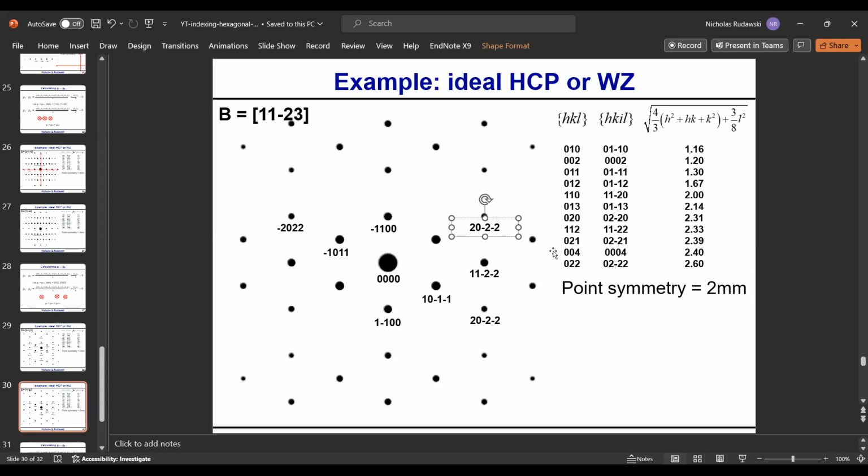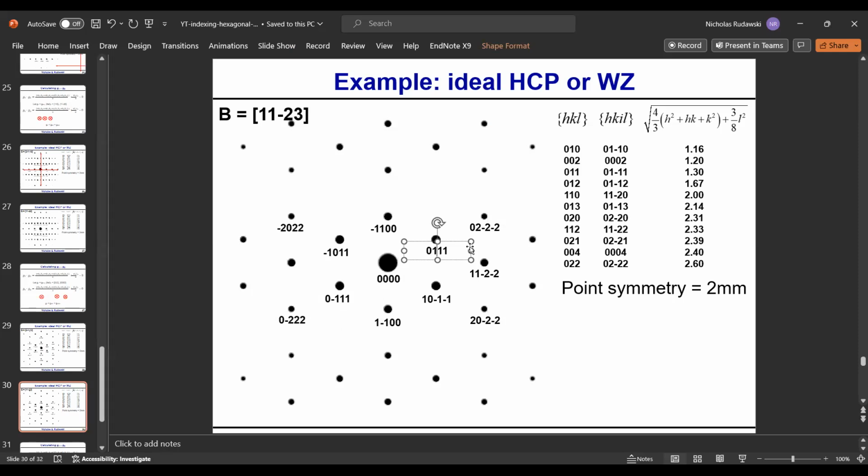Okay, so that's going to be 0, 2, 2 bar, 2. And that's going to be 0, 2 bar, 2, 2. And that's going to be 0, 1 bar, 1, 1. And that's going to be the opposite.